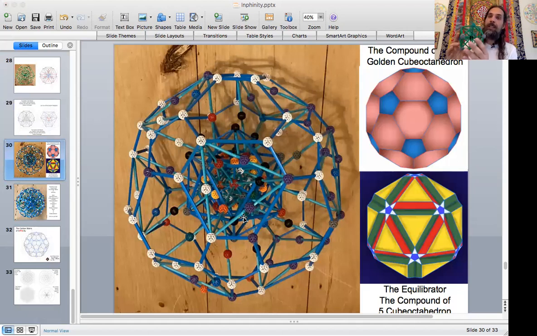I now call this the equilibrator because it's a device that's a balancing, I find, or that it seems to be, because this is all about perfect balance, this cube octahedron. So, but check this out.